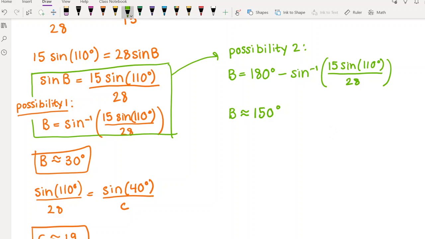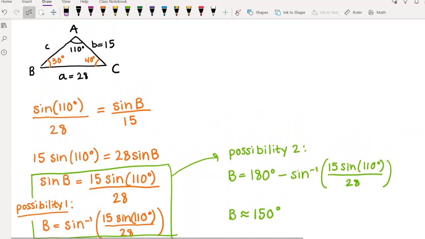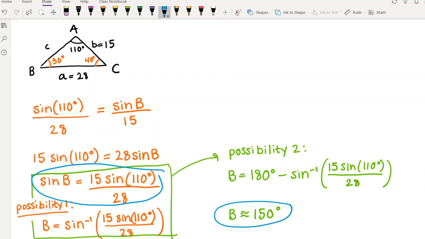So I want you to think for a second or a minute, and maybe pause the video and try to think about why that is not a possible answer. We know from this equation it is a possible solution. It's definitely true that if sine of B is equal to this number, it is possible that B is equal to 150.